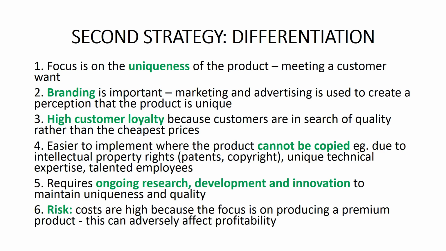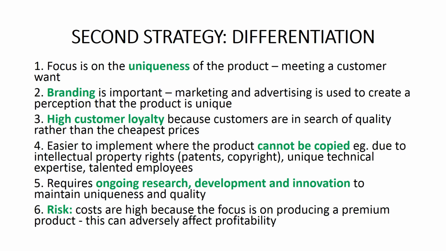It may well be, for example, that your competitors are prohibited by law from copying your product because you've taken out a patent, a copyright, or some other form of intellectual property protection. It may be that your product can't be copied because you have the unique technical expertise that's required to produce that product.